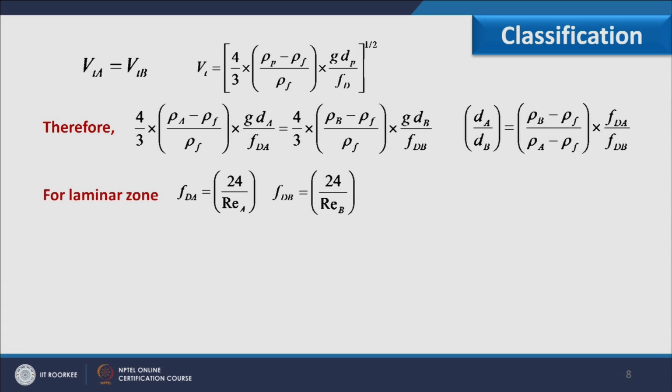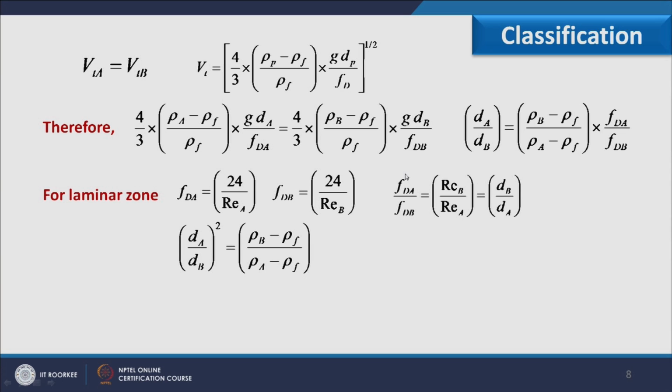So, from these expressions of FdA as well as FdB, we can calculate the ratio of FdA and FdB, which comes as Reynolds number of particle B divided by Reynolds number of particle A. When we consider this in terms of diameter, because both have the same velocity and the fluid is the same, viscosity is the same, we have the relationship in terms of the ratio of diameters only.